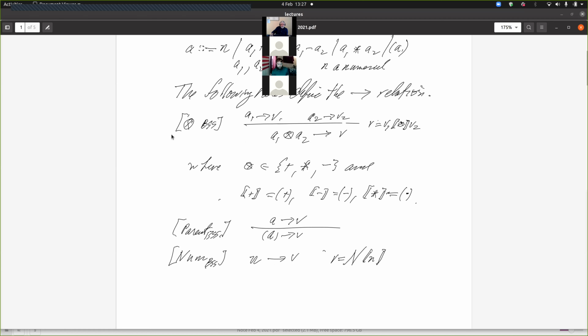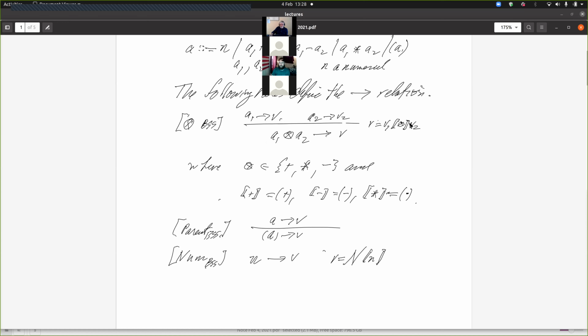I should maybe read over this one up here because these are all the same, so we can collapse them. There's plus, minus, and times. So let's just take plus. If I want to say that A1 plus A2, following the big step semantics, arrow is in the relation big step semantics arrow to an integer v, I have to show that the sub-expression A1, which is also an A expression, is in the arrow relation with V1, and that the sub-expression A2 is in the arrow relation with the integer V2.